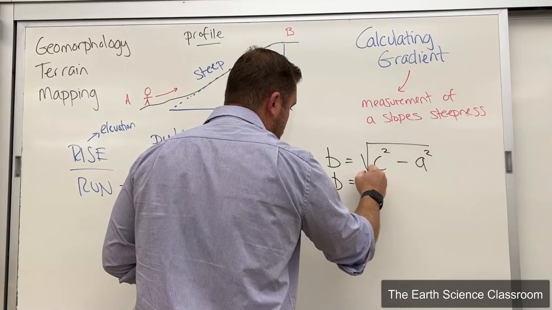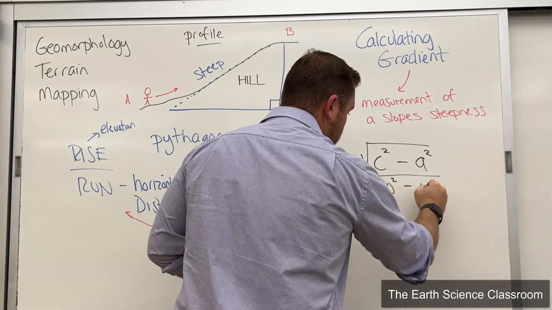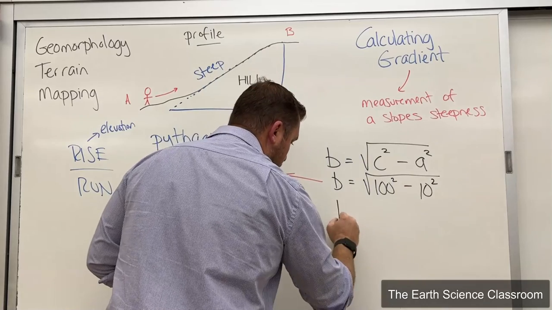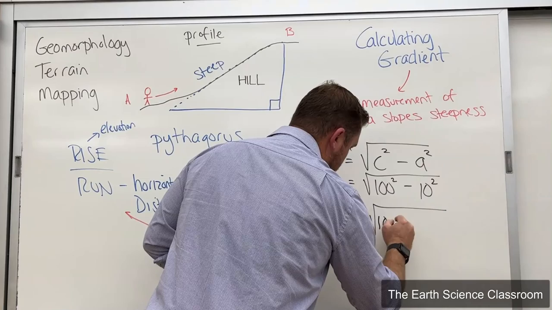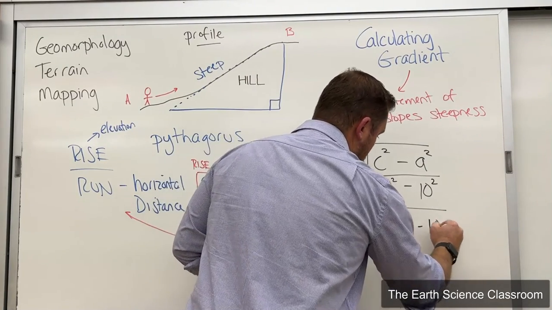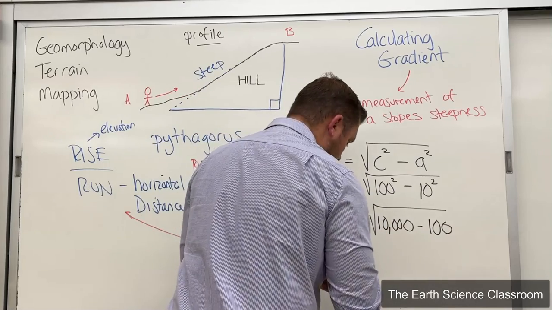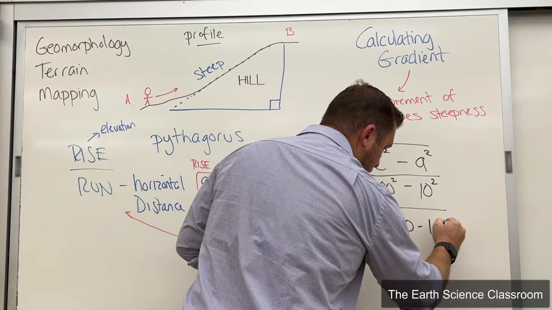B equals the square root of 100 squared minus 10 squared. So B equals the square root of 10,000 minus 100, okay? Don't forget that when you square a number, you're multiplying it by itself.